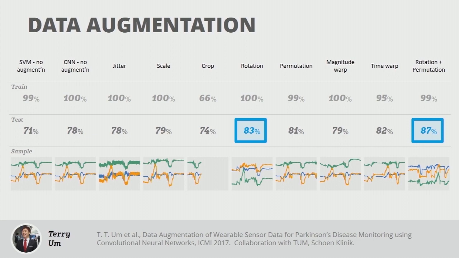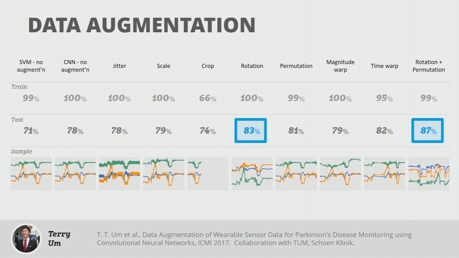So we've been thinking about how we can perform data augmentation that is robust to the symptom label. One important insight is that the symptom label is invariant with respect to rotation. So where the sensor is located on the body does not impact the symptom label.